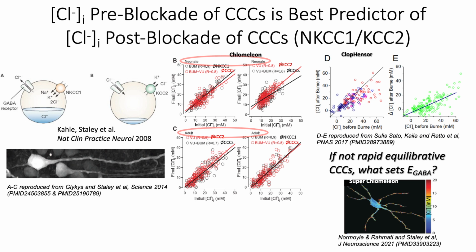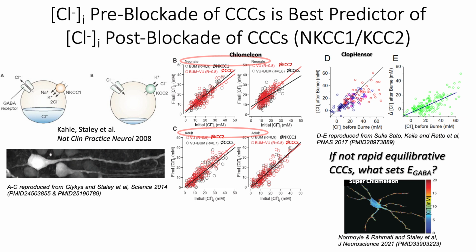It doesn't even matter which one you block first or second, and it doesn't matter what fluorophore you're using. This data here is using a separate fluorophore altogether, Cl-Sensor, that's measuring intracellular chloride, and you see that the trend is the same. I should note that these authors interpreted their data a little bit differently, but clearly these are not what's actually setting eGABA.